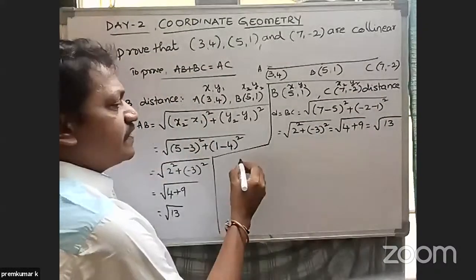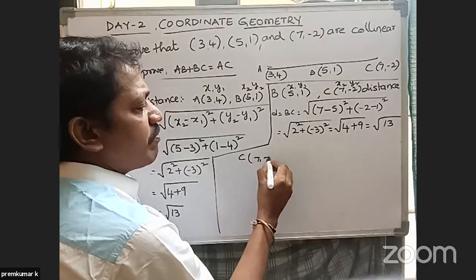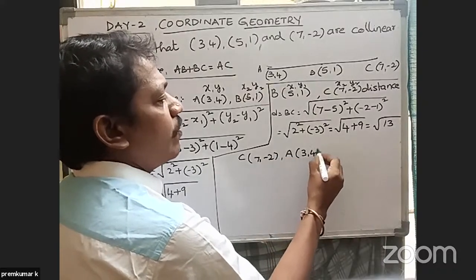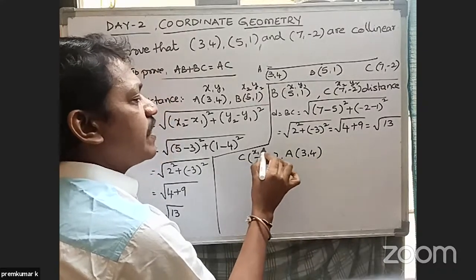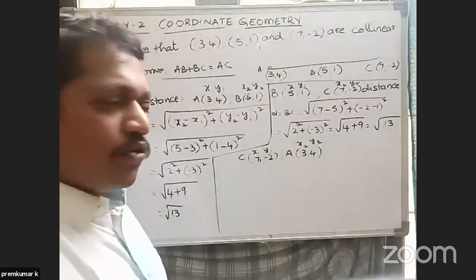Now AC or CA, whatever it may be, C 7, minus 2, A 3, 4. Here it is x1, y1 and here x2, y2.